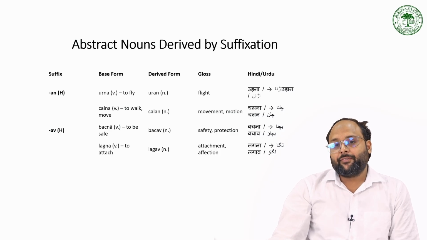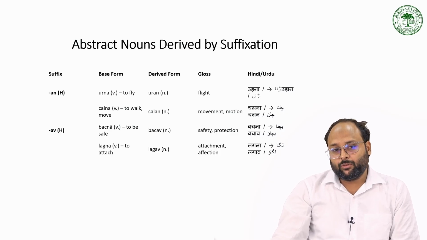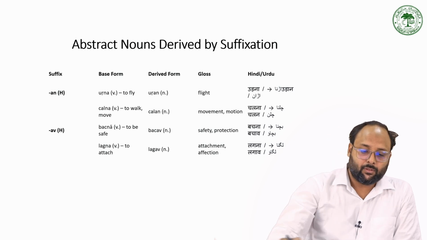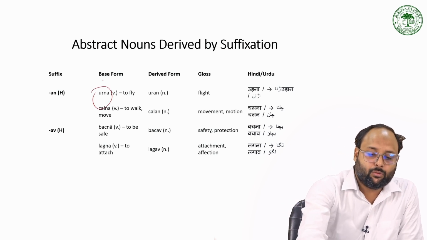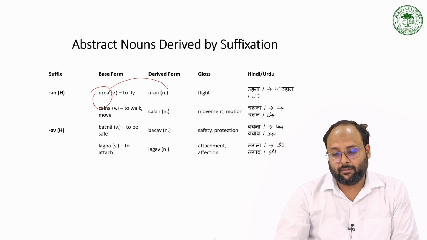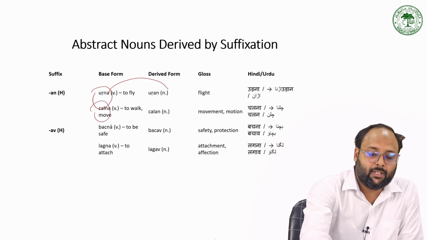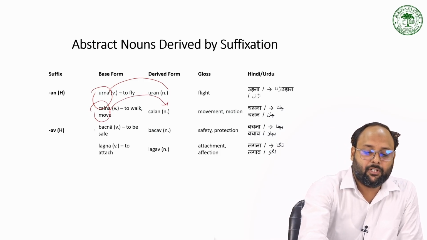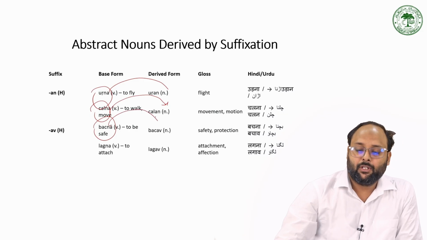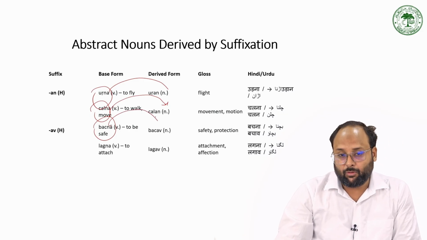We have another suffixation to create the abstract noun, like an and av. There is a verb odna and it changes to odan. And we have the verb chalna, it changes into chalan. Bachna is changed into bachao. Lagna changes into lagao.